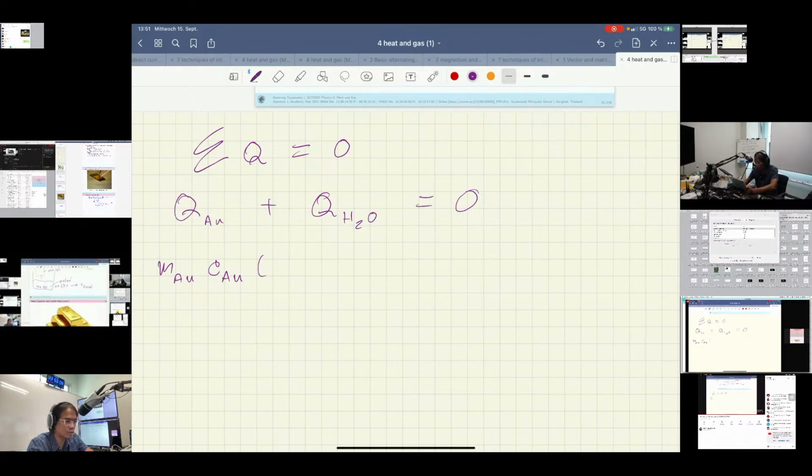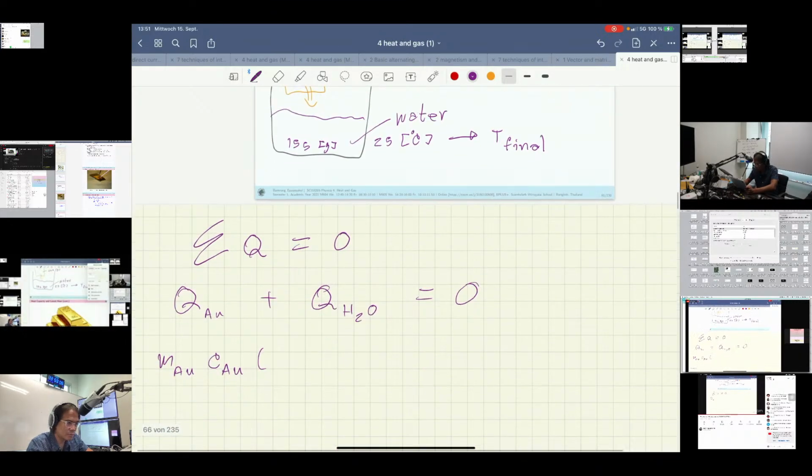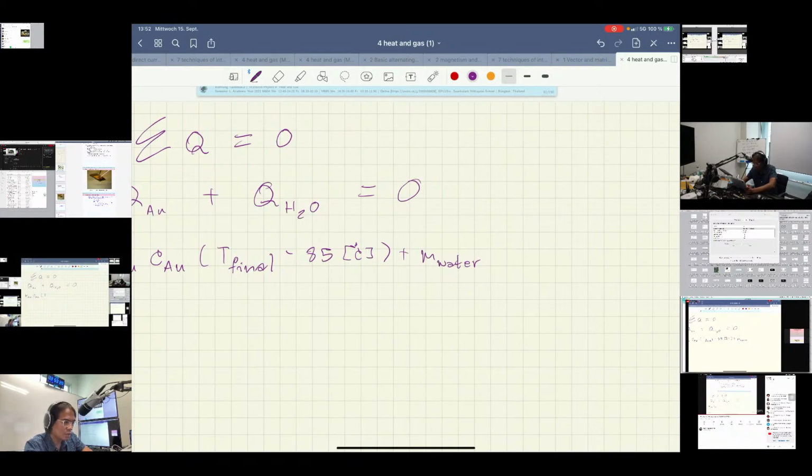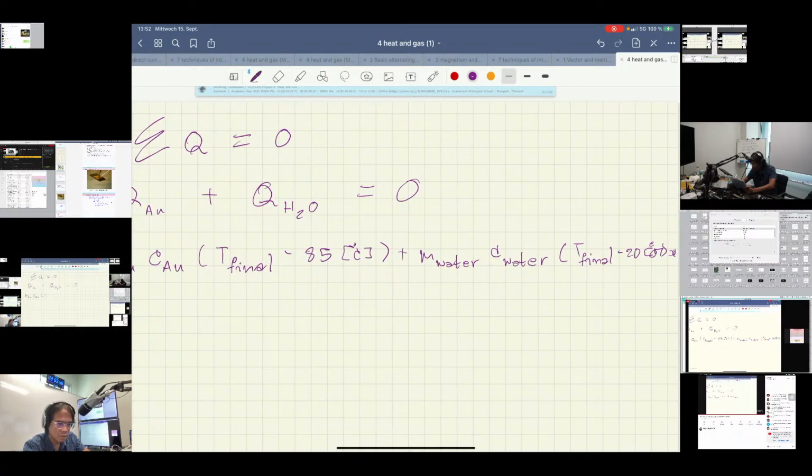So delta T of the gold is T final minus the initial value 85, right? And then the mass and specific heat of water, and T final minus the initial, right? It starts from 20 degrees Celsius, right? This one remains 0, on the right side, 0.